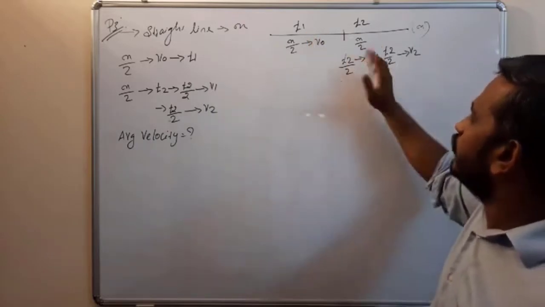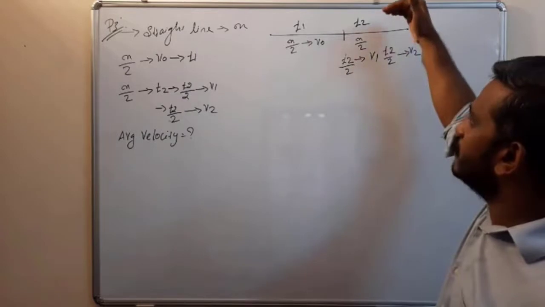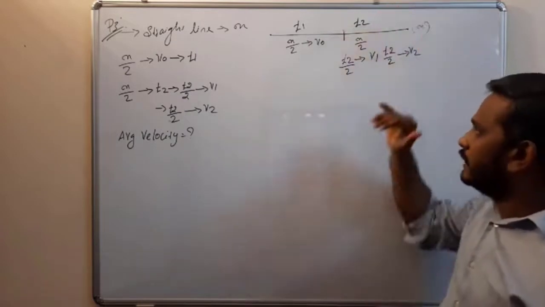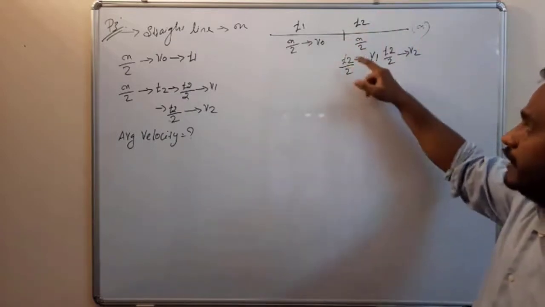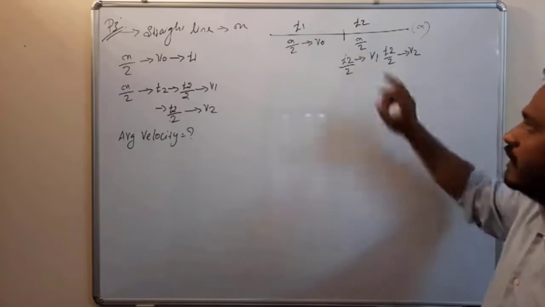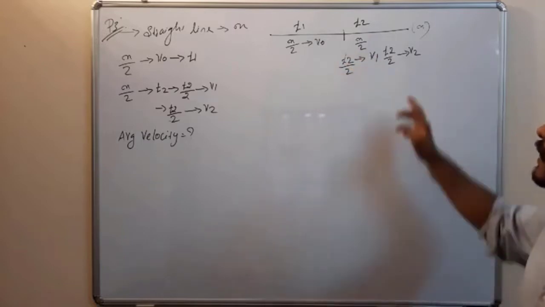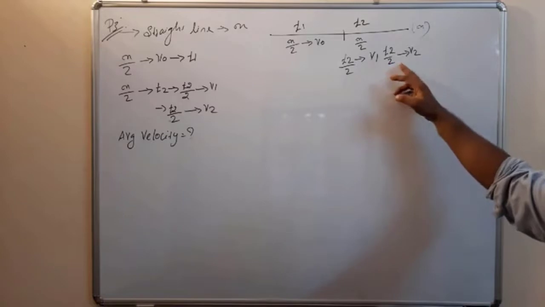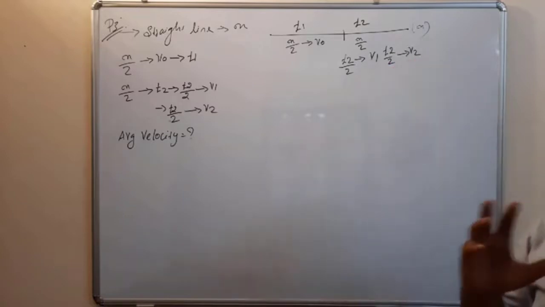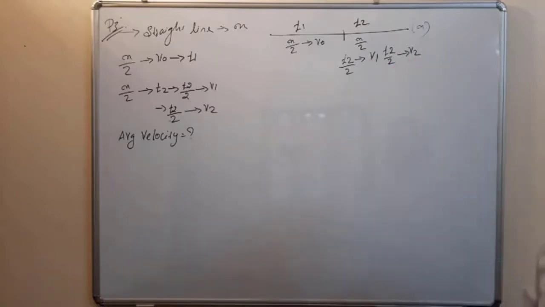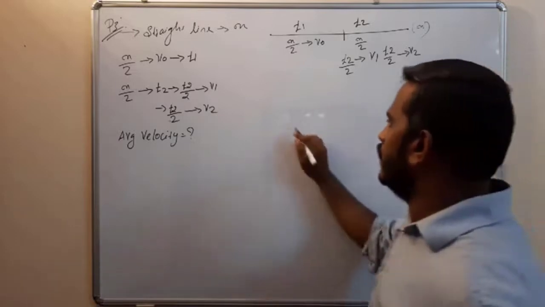The remaining half of the distance x by 2 is covered with the time t2. In that time, t2 by 2 is covered with the velocity v1, and the other half of the time t2 by 2 is covered with the velocity v2. So we have to find the average velocity. Clear?